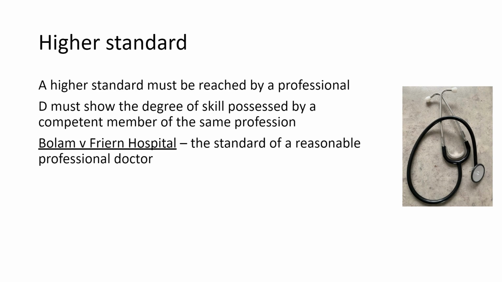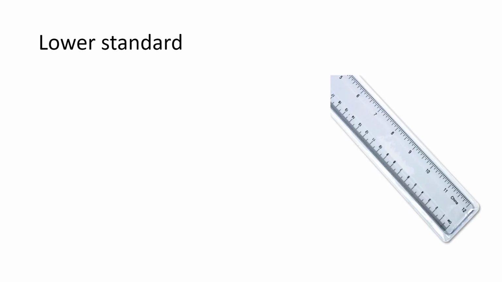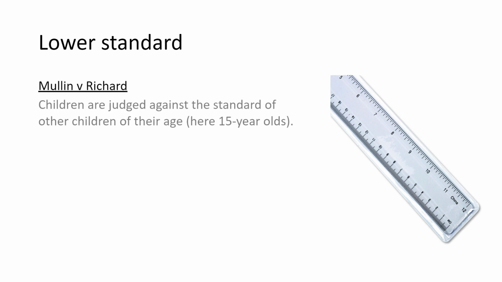You'd have to reach the standard of a professional accountant, a professional lawyer, a professional teacher, etc. A lower standard is owed by children, and in Mullin and Richards, in the case about the ruler fight, the child was judged against the standard of a reasonable 15-year-old.